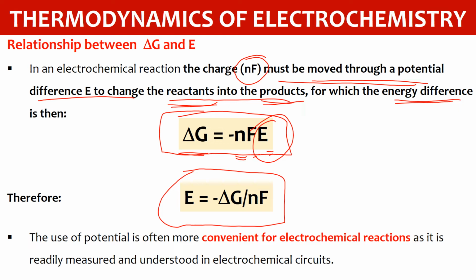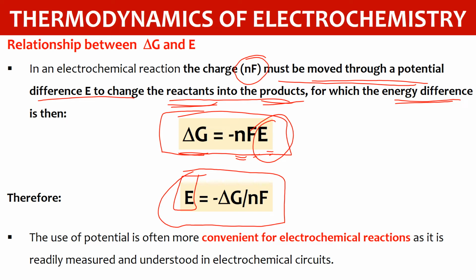Now, you realize that when you're talking of electrochemical reactions, it is more convenient to use potential for your reactions, as it can be readily measured and is generally more understood in electrochemical circuits.